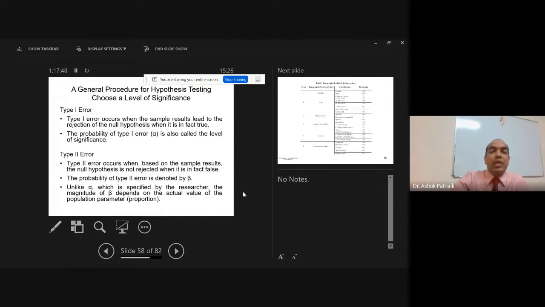Here again, two types of errors happen. One is a type 1 error, which occurs when the sample results lead to a rejection of the null hypothesis, which is in fact true, but the sample has rejected the hypothesis. That is called a type 1 error. A type 2 error is when, based on the sample results, the null hypothesis is not rejected, whereas it is a false statement.